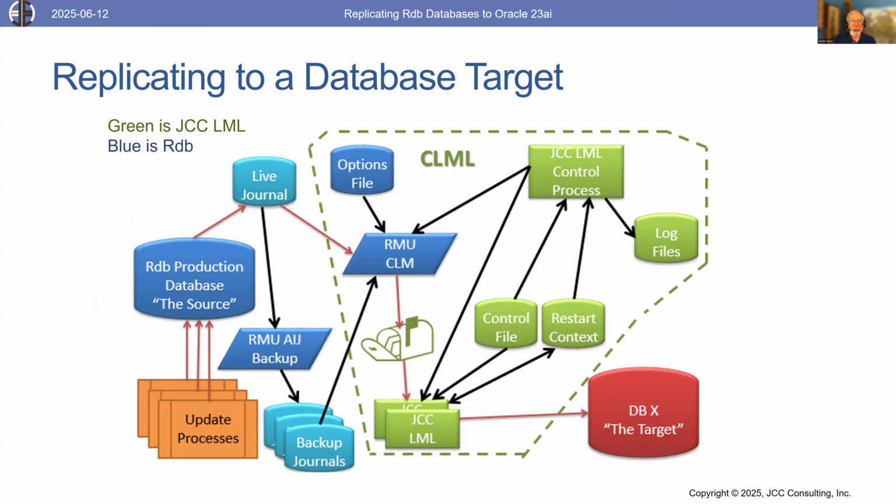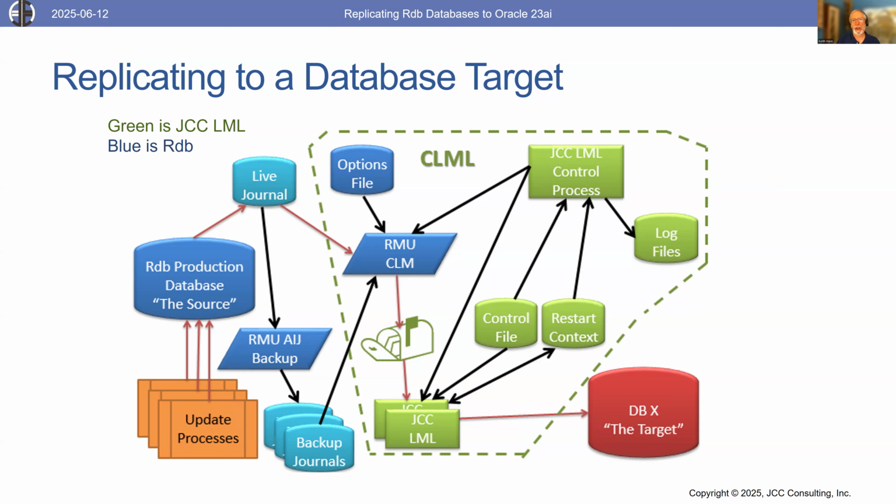So the big picture is you've got an RDB production database that we'll call the source. You have after image journaling enabled to support the transaction logs. You have some sort of workload that updates the source database. You may have AIJ backup journals.